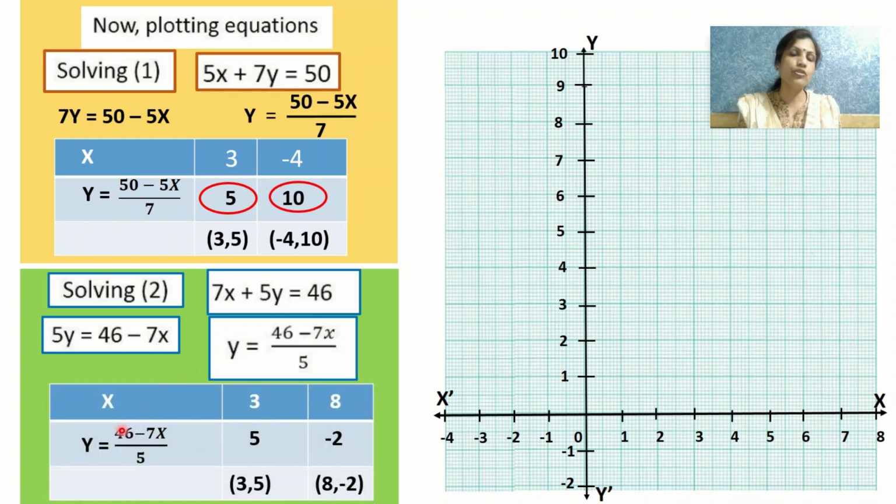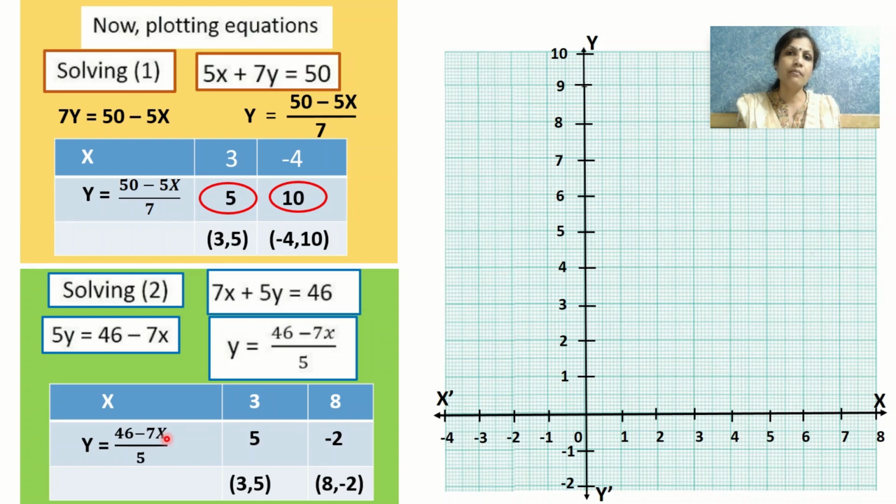Now here also you should be very careful when you will select the value of x, because we do not want our y coordinate in terms of decimal point and fraction, because when you plot it on the graph it becomes difficult to plot the point. So when you substitute x is equal to 3, we get 46 minus 7 into 3 is 21.